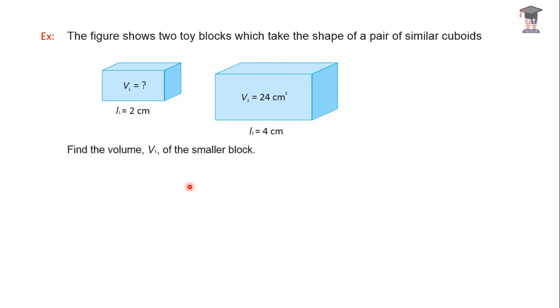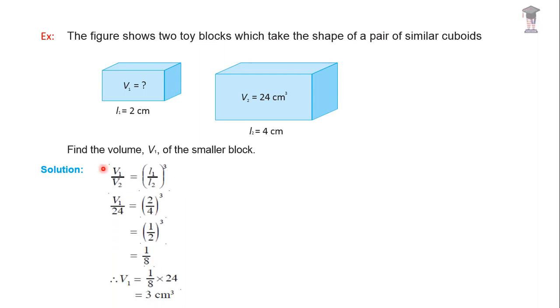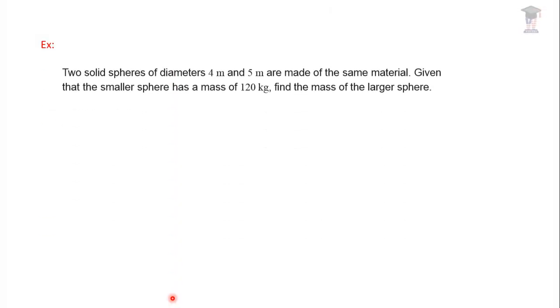Find the volume of the first block. Solution: we use the formula to compare, and then we substitute the given values, and then we calculate. We will get V1 equal to 3 centimeters cubed. Okay, move to the second example.